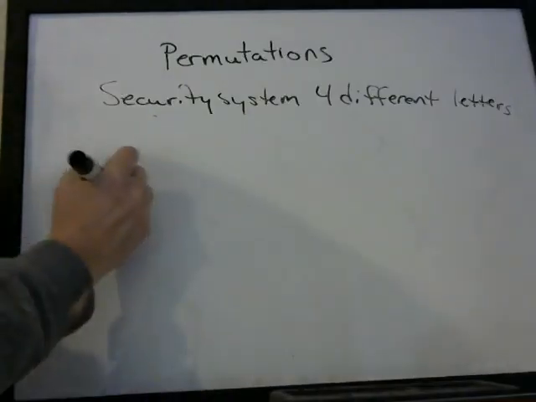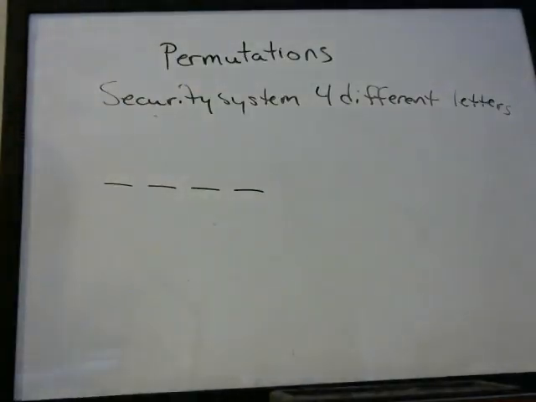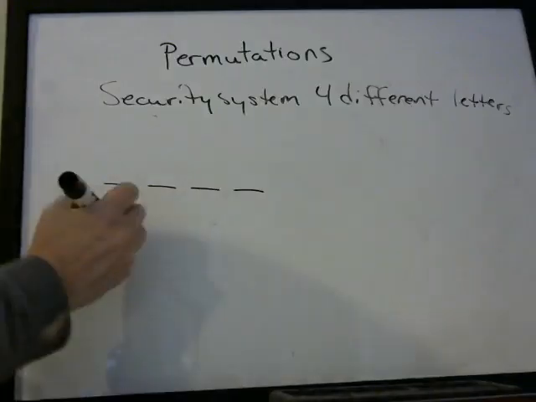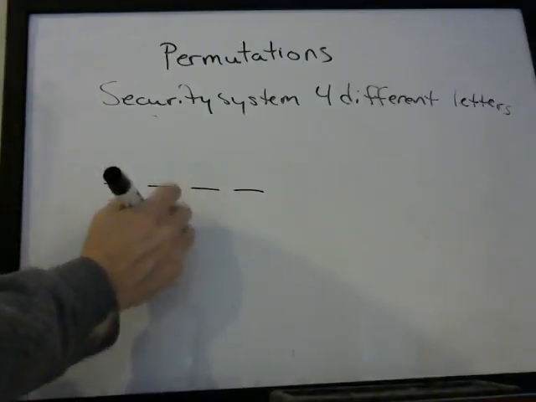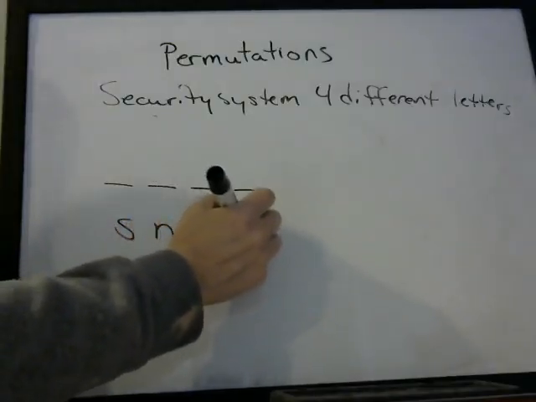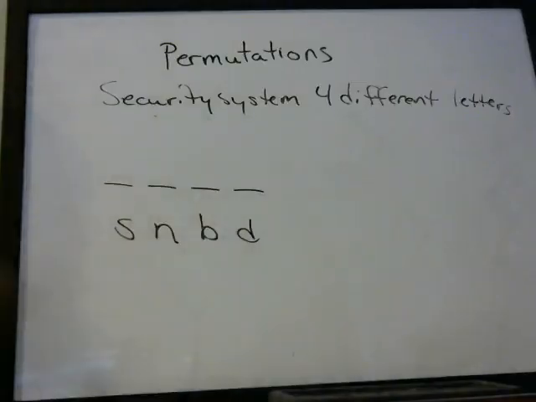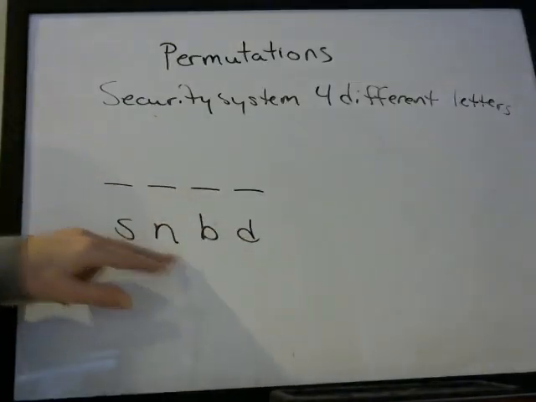So again, we have 4 letters in our access code, so it might be S, N, B, D, whatever. 4 different letters in our access code that we're going to punch in.